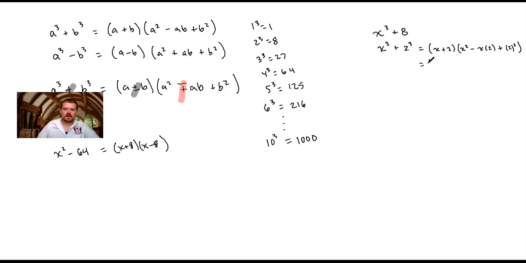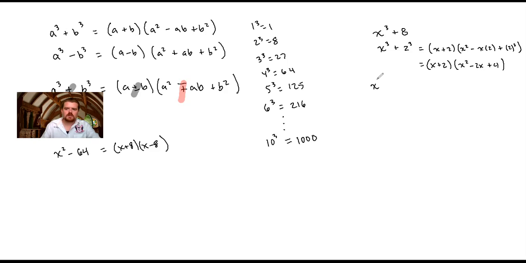And of course, we'd want to clean it up a little bit. x plus 2 times x squared minus 2x plus 4, like so. You don't have to rewrite it as 2 cubed, but I think it helps so you can see what is a and what is b exactly.